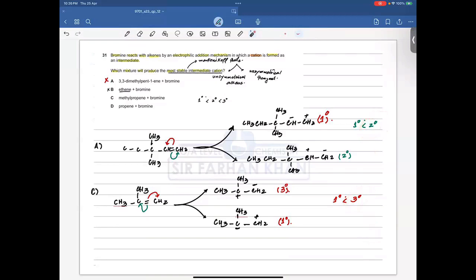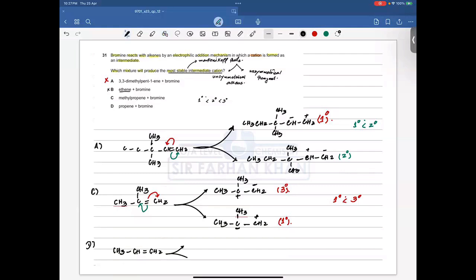Now let's talk about D. And again, I'm running out of space. Oh my goodness. D is propene. Propene is an unsymmetrical alkene. Again, we have done propene in the class. We have done these two examples in the class. Okay, I'll try to fix it.